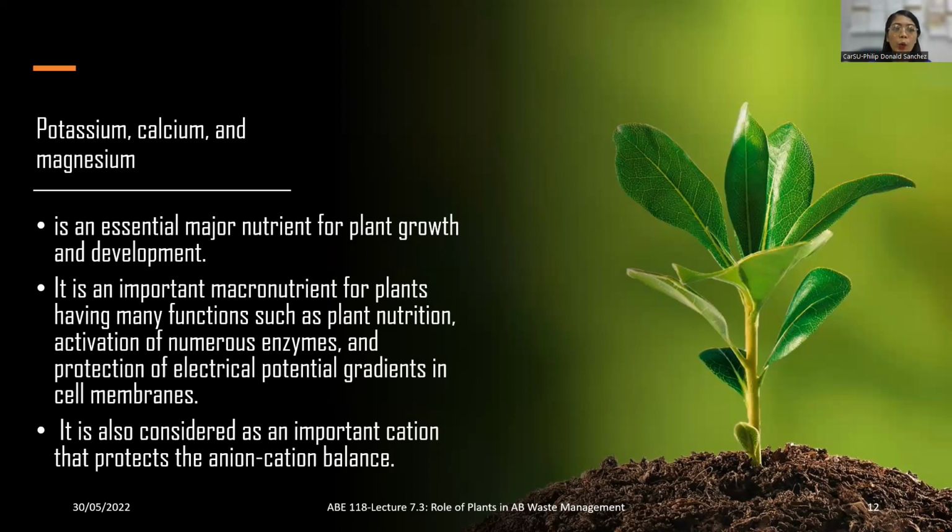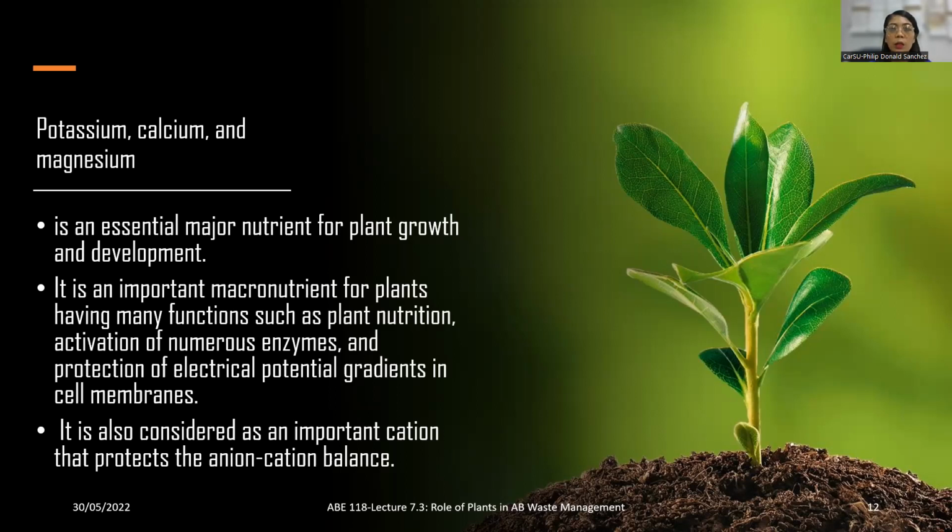So potassium, calcium, and magnesium have similar reactions in the soil. Their similar size and uptake characteristics can cause plant fertility problems. An excess of any of these elements in the soil impacts the uptake of the others.